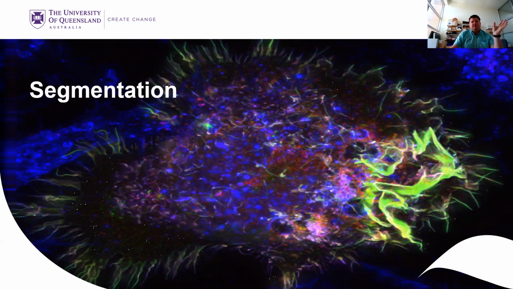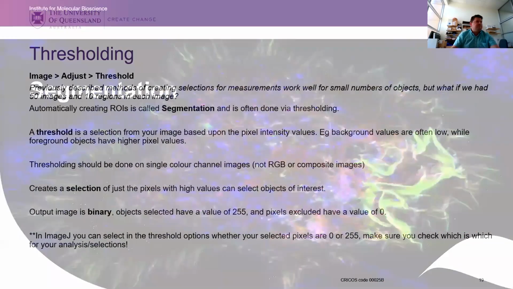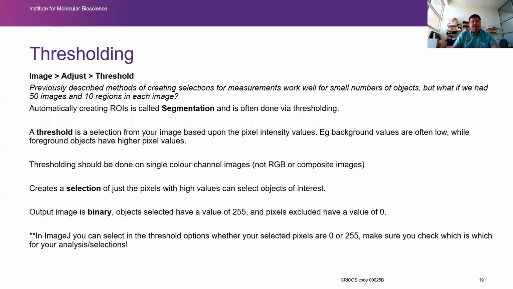The next thing you're going to do is try to automatically segment out the parts of your image that you want to measure. And so we'll go through the few different ways that you can do that in Fiji. Thresholding is the main one. It's under image, adjust, threshold.